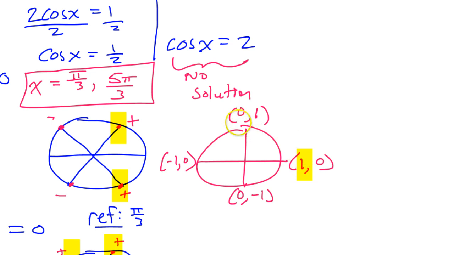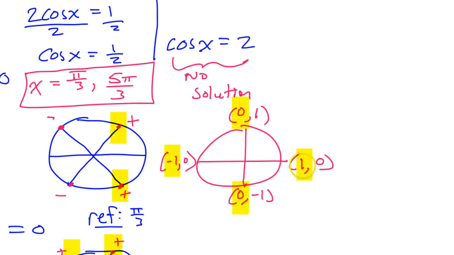And as we go around the unit circle, it goes down from 1 down to 0, and then it falls to its lowest point of negative 1, and then it comes back to 0, and then it just repeats. It just keeps oscillating between 1 and negative 1.